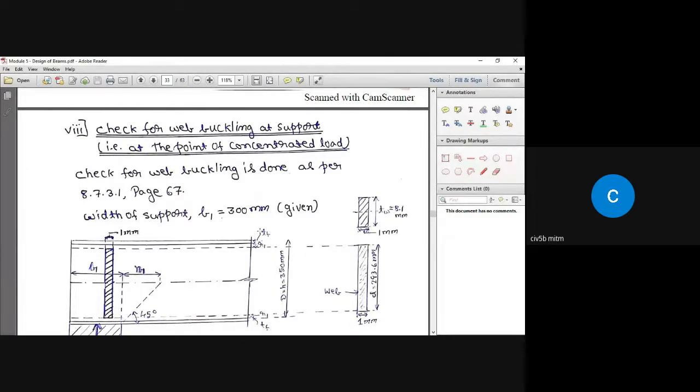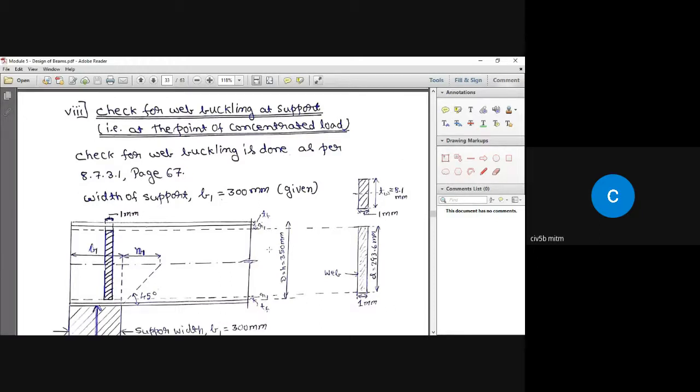Only in case of plate girders and other fabricated sections do you need to check for web buckling and web crippling. If those conditions are not satisfied, then in plate girders and other fabricated sections, we are going to design stiffeners and provide the same.